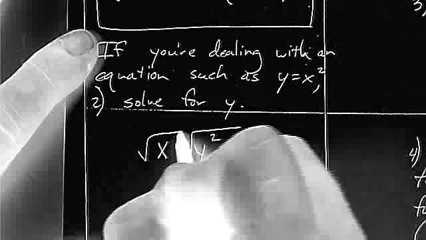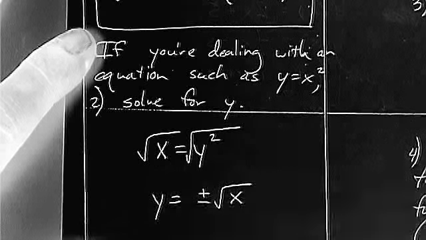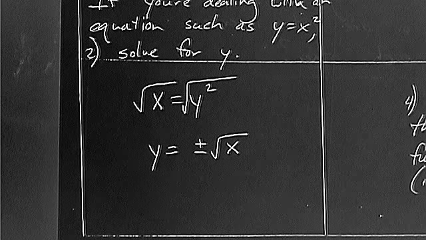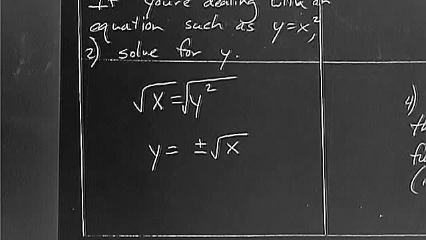So yeah, take the square root of both sides and we end up with y is equal to plus and minus. Don't forget the plus and the minus, right? The square root of x. So you get two parts, the positive square root of x and the negative square root of x.